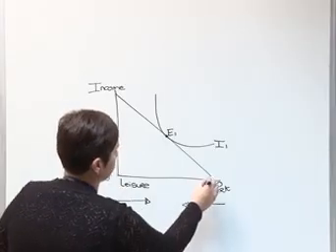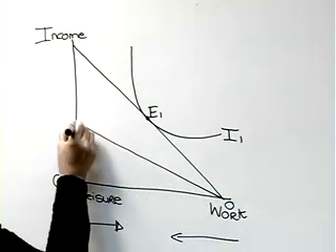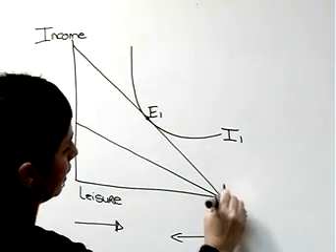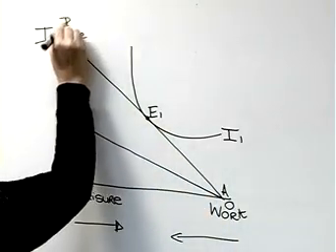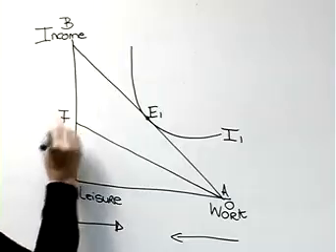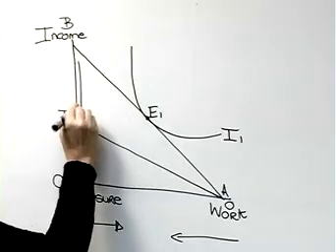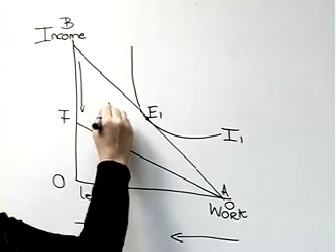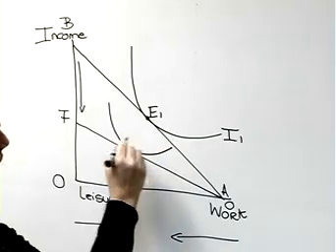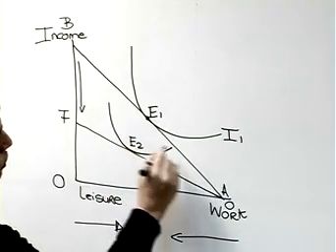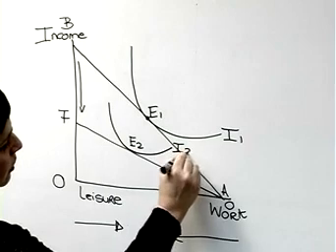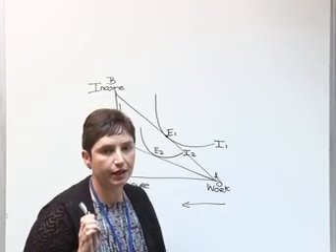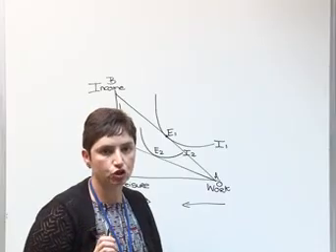In this case, the budget line pivots to the inside, so let's say from A, B to A, F, because remember your income is now reducing because of the personal income tax. E2, I2. So immediately what we asked was through the income effect and the substitution effect.